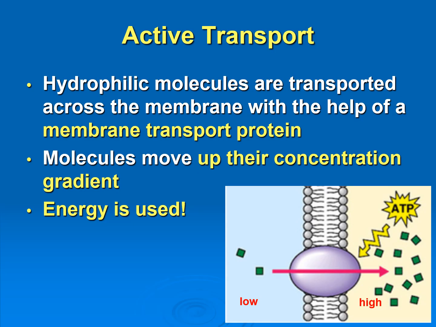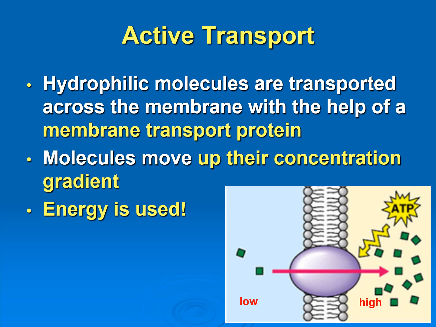Okay, and then we have active transport. So remember, active transport is very different. It's the opposite of passive transport. So we're going to be transporting our molecules up their concentration gradient, going from low to high concentration, and we are going to be using energy.